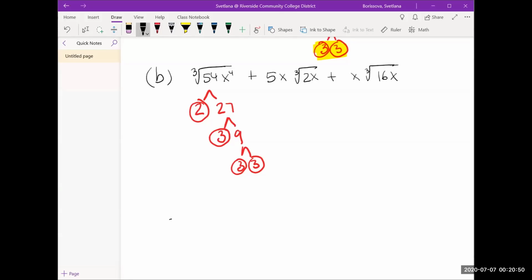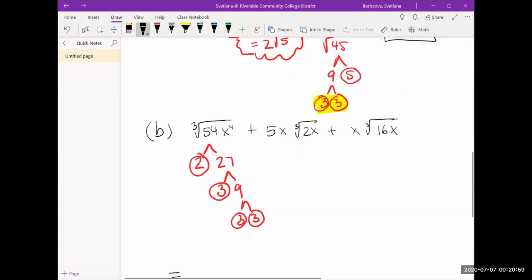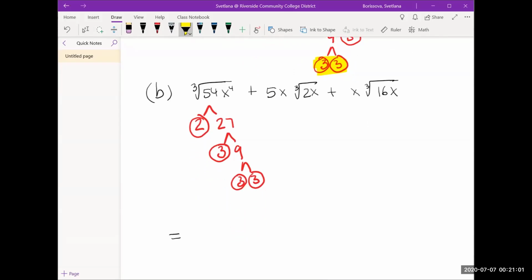When we deal with cube roots, remember before we had to find pairs when we did the example with square root. I highlighted a pair of numbers. If we work with cube root, then to simplify a radical, we want to find triplets of numbers. So 3 of them, and that's what I see here. I have 3, 3, and 3.